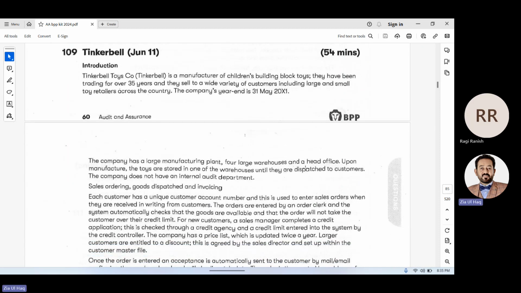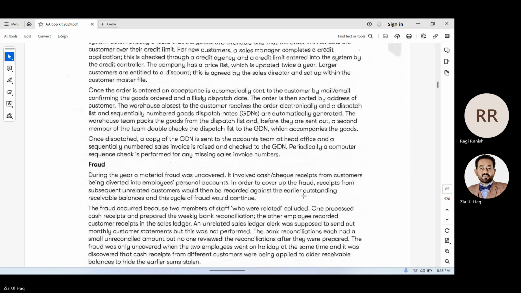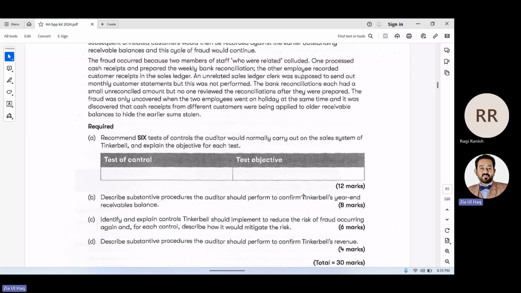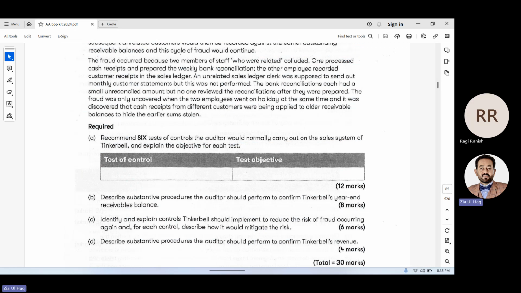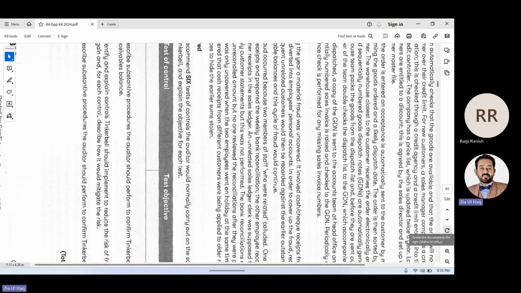Okay, question 109. Requirement A of the question for 12 good marks. Recommend 6 tests of control the auditor would normally carry out on the sales system of Tinkerbell. It's similar to the previous question, but you don't need to highlight the controls.